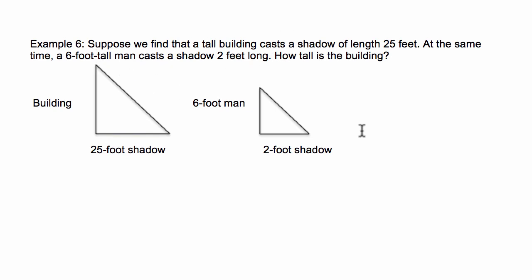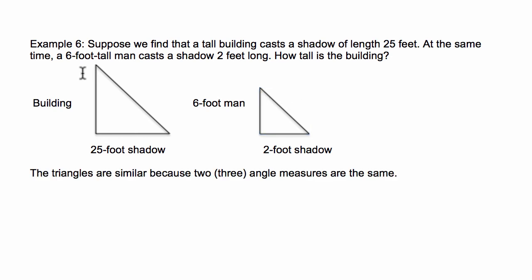The sun's rays create equal angle measures at the top of the building and at the top of the man. Because of this, the triangles created by the building and its shadow and the man and his shadow are similar because 2 and consequently 3 angle measures are the same.